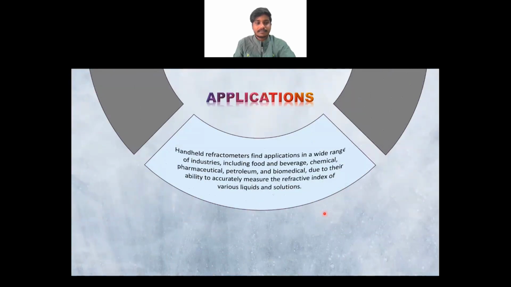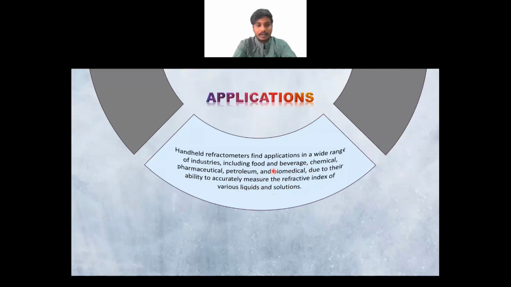Next, going to the applications. Handheld refractometers find applications in a wide range of industries, including food and beverage, chemical, pharmaceutical, petroleum, and biomedical, due to their ability to accurately measure the refractive index of various liquids and solutions.